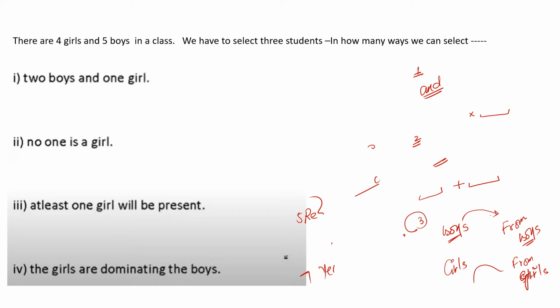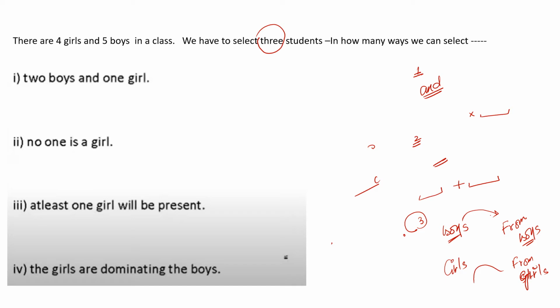So the first thing is, the question is written as there are 4 girls and 5 boys in a class. We have to select 3 students. So the first thing is that you have to select in total 3 students.